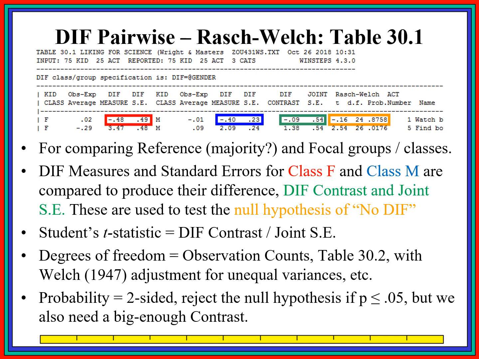So this difference has now become almost highly significant. And the actual difference between the boys and the girls, we can see below in the diff contrast column, is now 1.38. So that is a big difference, well over a logit difference between the boys and the girls.